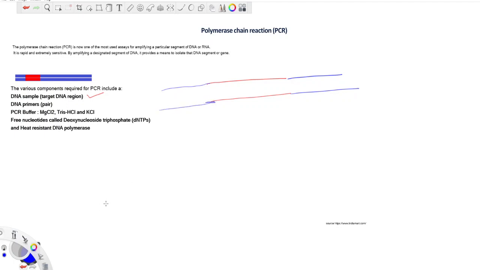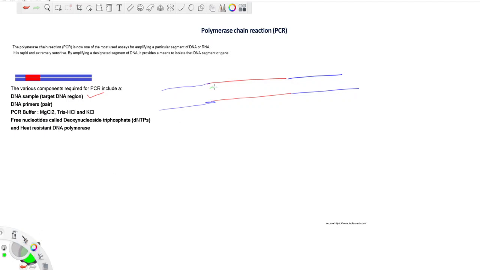Okay, then the next thing that you also need is primer pairs. These are single-stranded segments of DNA that are complementary to the start and the end of the region that you want to amplify. We're going to talk more about them, but I'm going to represent them in green.